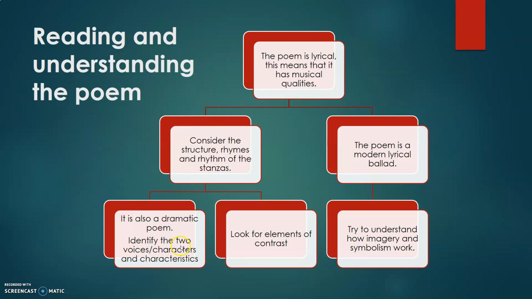So, identify the two voices, the two characters, and their characteristics. Remember to look for elements of contrast. Try to understand how imagery and symbolism work. And so this first slide captures information that is relevant for the study of Oh, What Is That Sound?